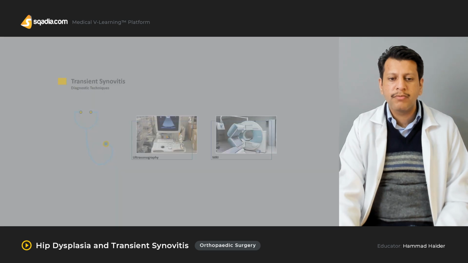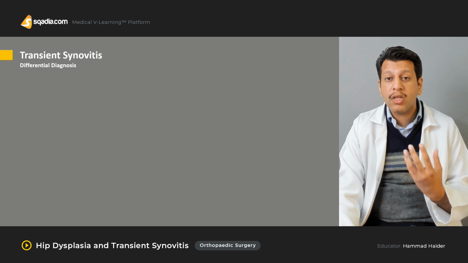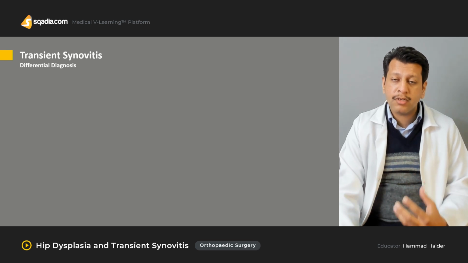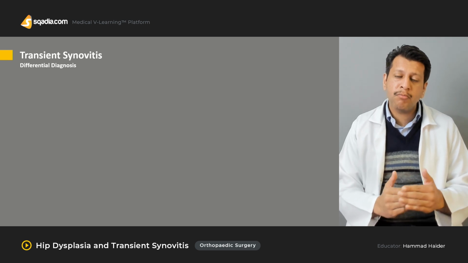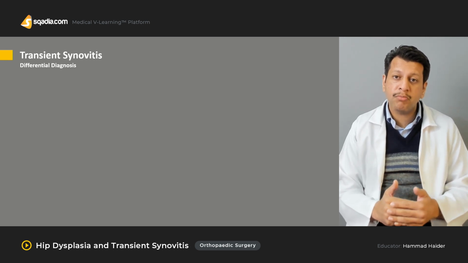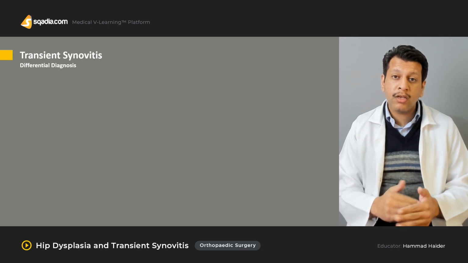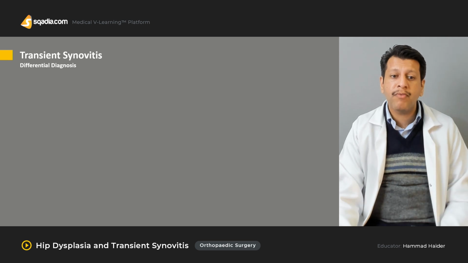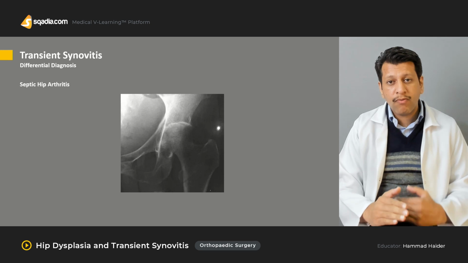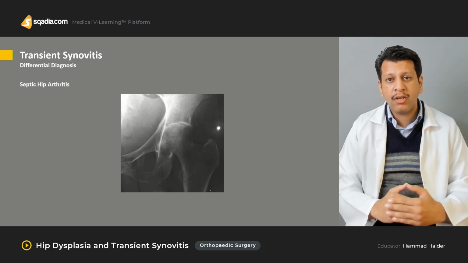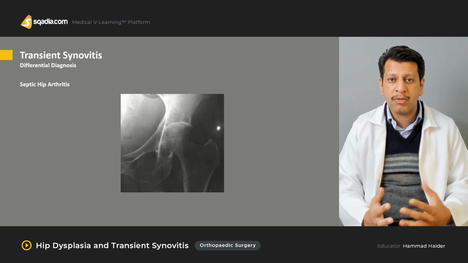Now coming to the differential diagnosis, which is as important as the actual diagnosis, because sometimes there may be a low-grade virulent organism, and there may be a sudden infection. So you have to be absolutely clear that this is not some form of septic arthritis, because it may eventually become full-blown septic arthritis, and then you will know that this patient has septic arthritis.